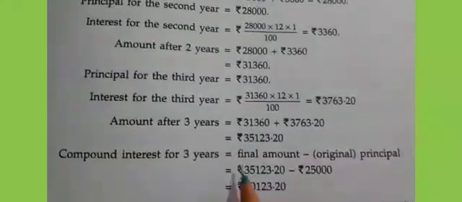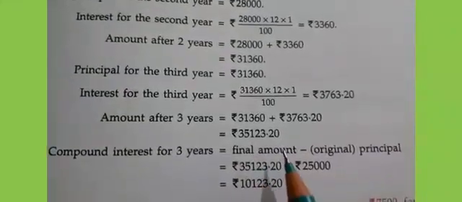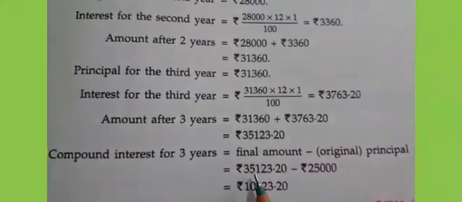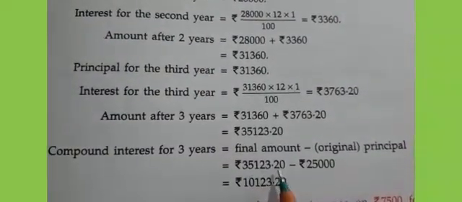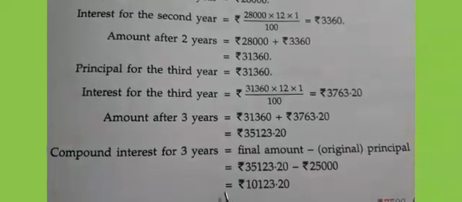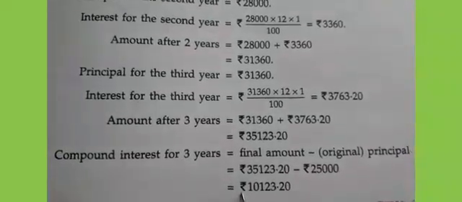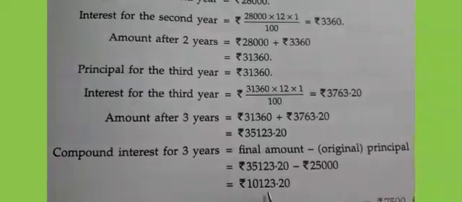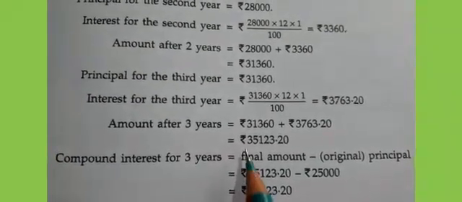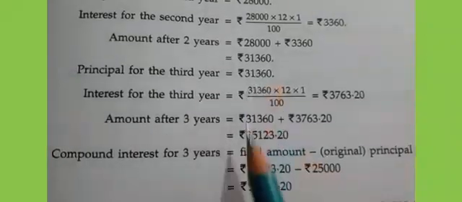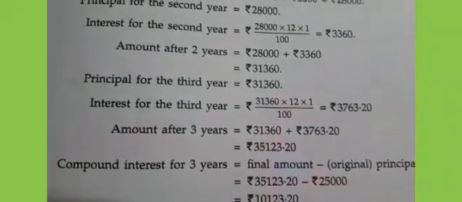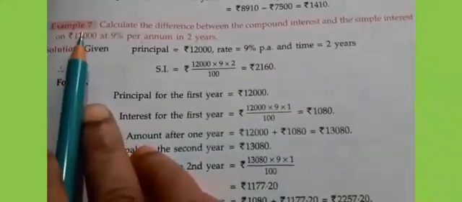So compound interest for 3 years will be final amount minus original principal, that is ₹35,123.20 minus 25,000. So our compound interest will be 10,123.20. So children, whenever you are solving the sum, never forget to write units. Now let us see one more example.